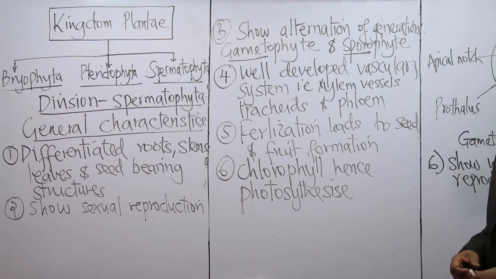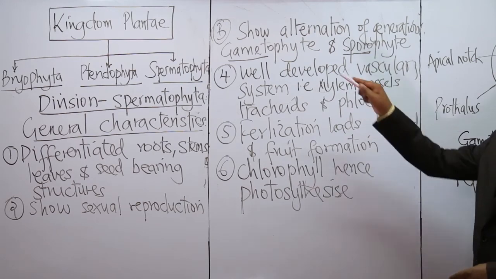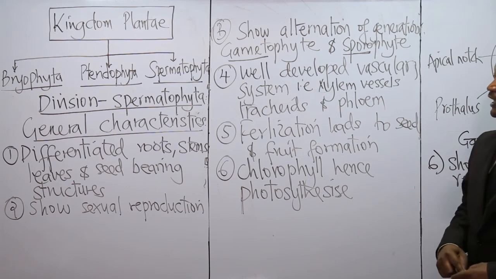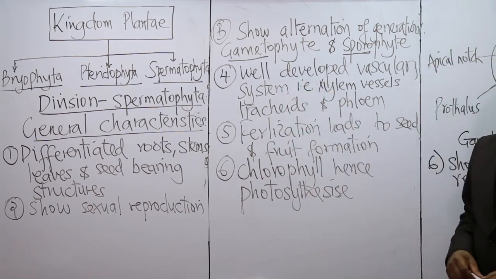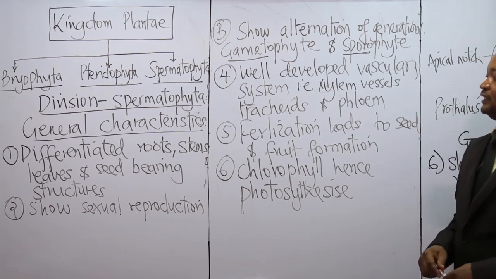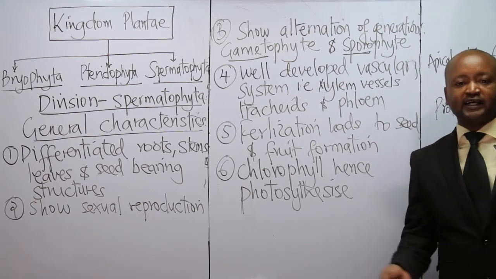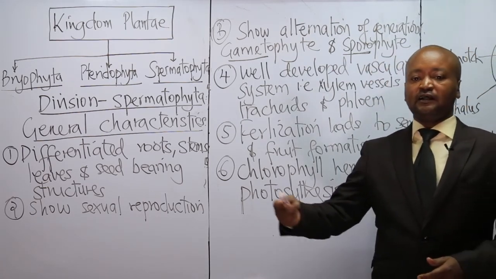It is so highly developed that even some of the members look different from one another until they are subdivided into subdivisions, even before you look at the order. So the general characteristics are there. We've looked at quite a number, and they are similar to the other characteristics.